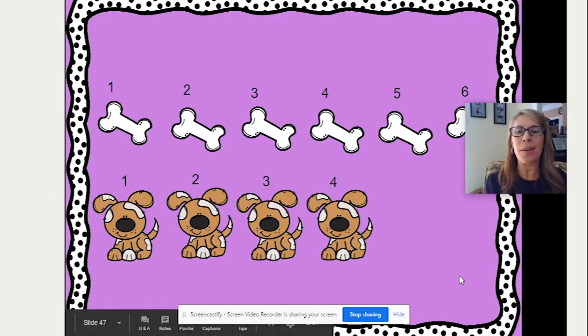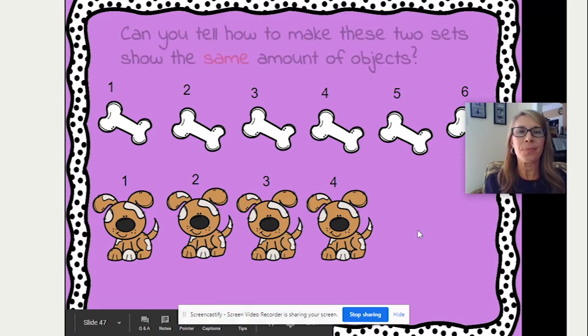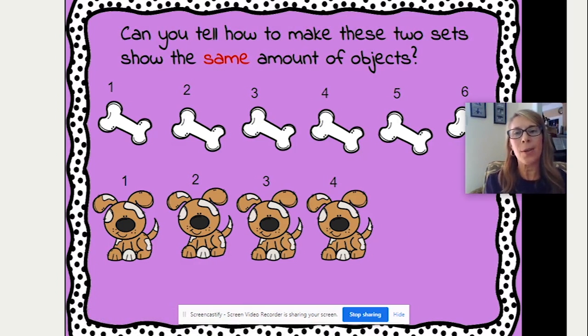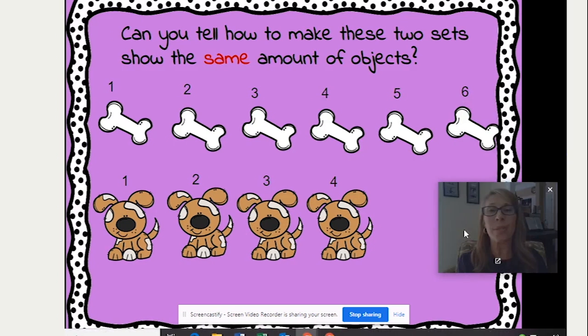All right, let's get back to our puppies and their bones. Can you tell me how to make these two sets show the same amount of objects? What would I have to do so that each set shows the same amount? I have 6 bones and 4 puppies.